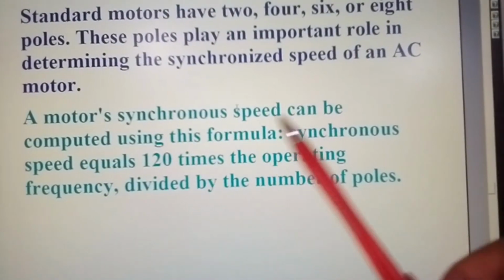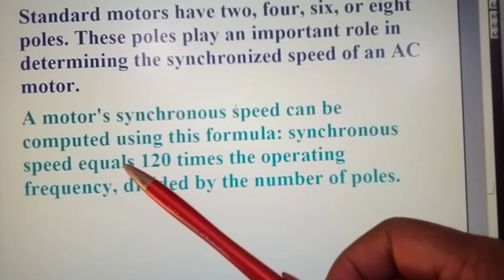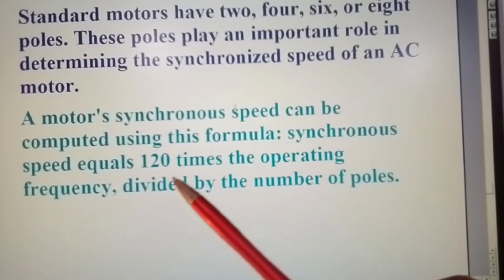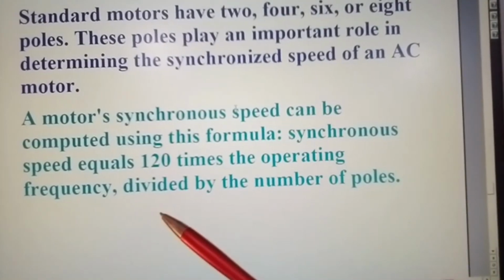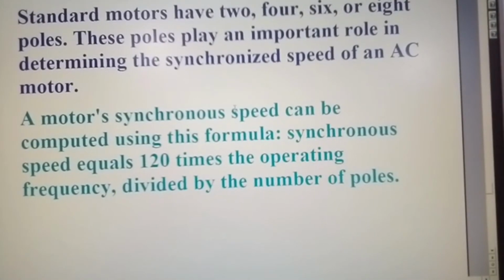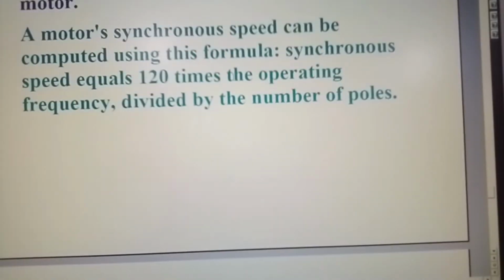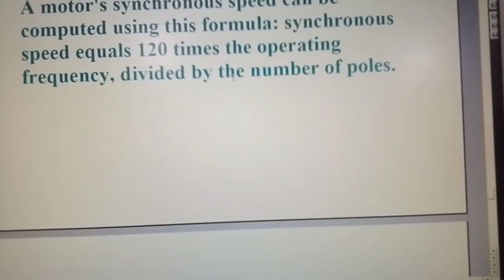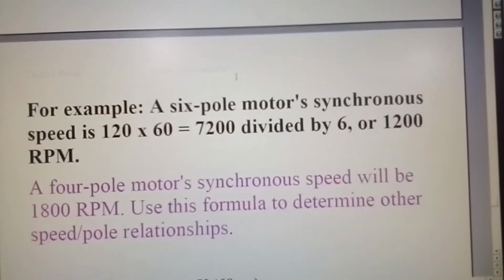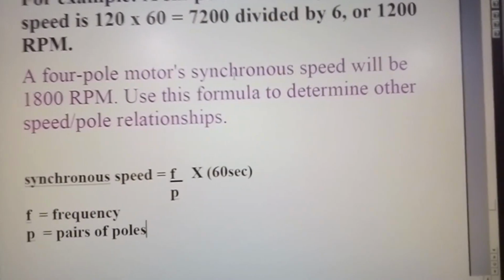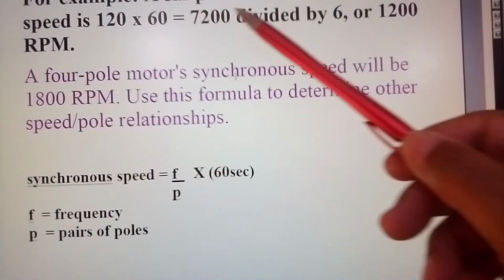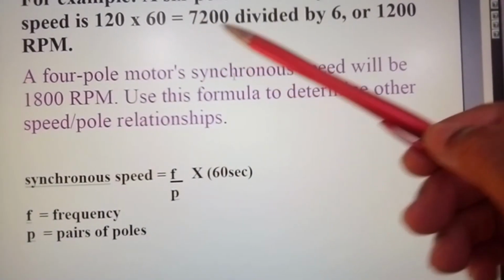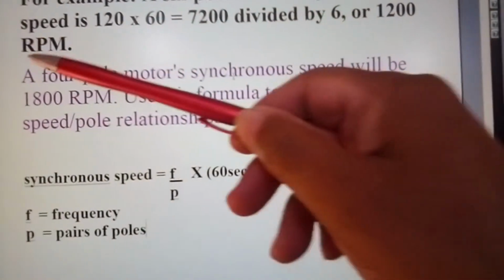A motor's synchronous speed can be computed using this formula: synchronous speed equals 120 times the operating frequency divided by the number of poles. So here, for example, for a 6-pole motor, synchronous speed is 120 times 60 equals 7,200, divided by 6, or 1,200 revs per minute.